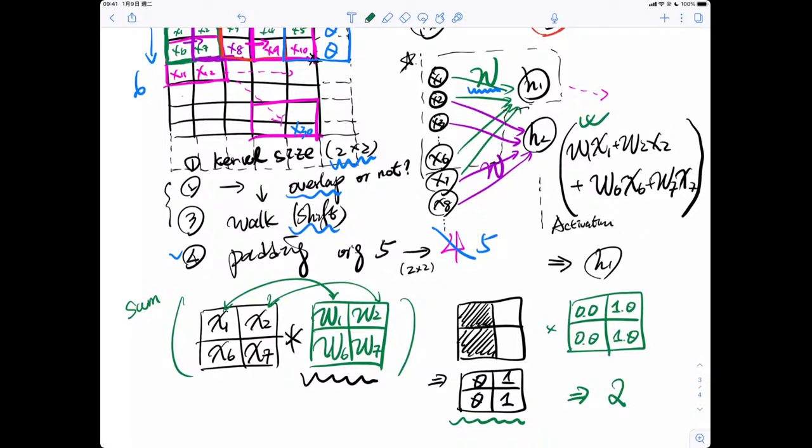It multiplies this with this one, this with this one, this with this one, this with that. So when we talk about convolution on images, what is the weight right here?